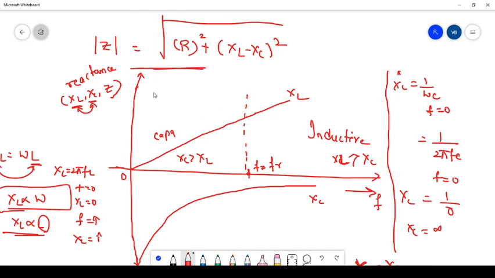So the impedance will decrease in an exponential way up to here, and then from here it will increase in an exponential way. So like this you are going to get. This is the Z graph, and here we are going to take XL and XC on the y-axis.